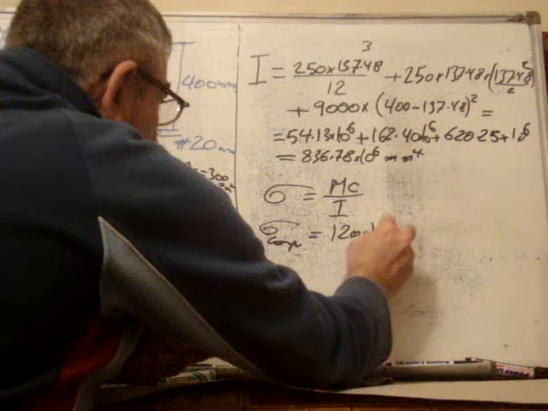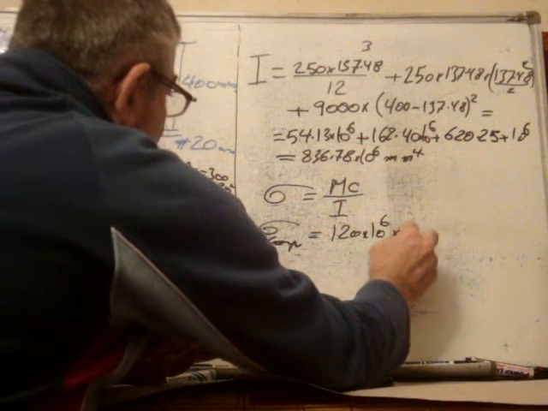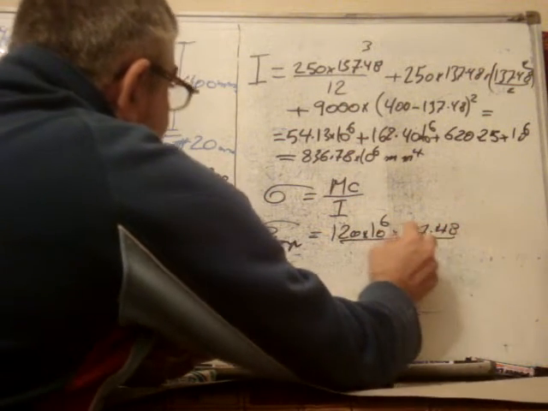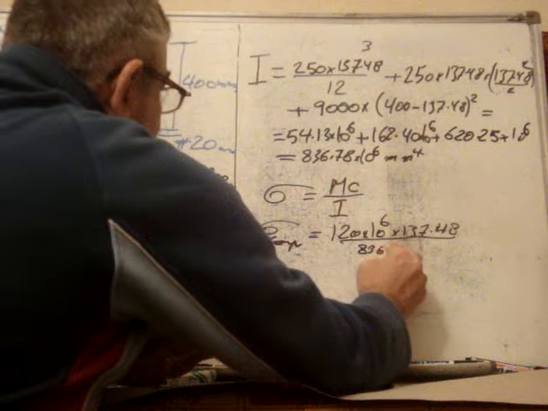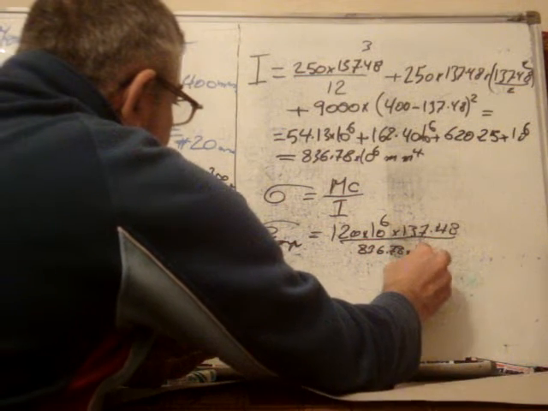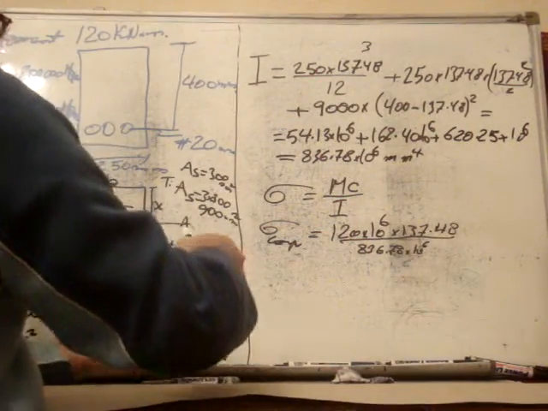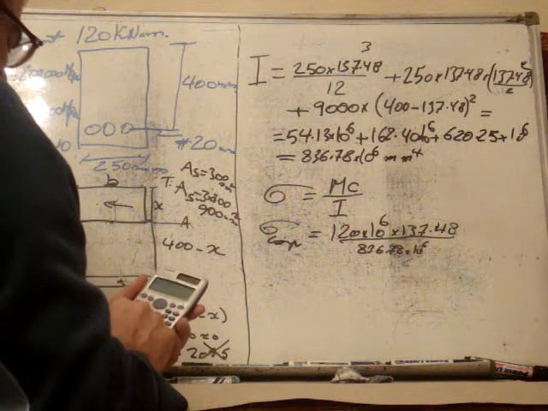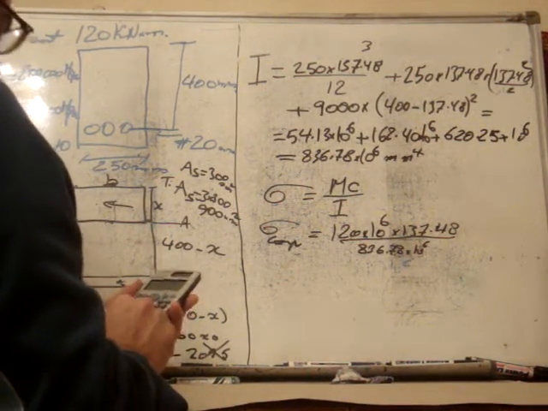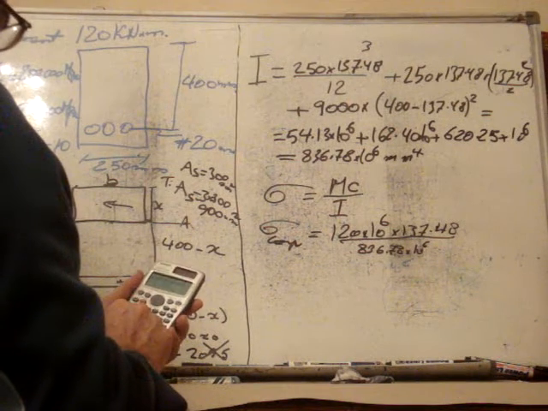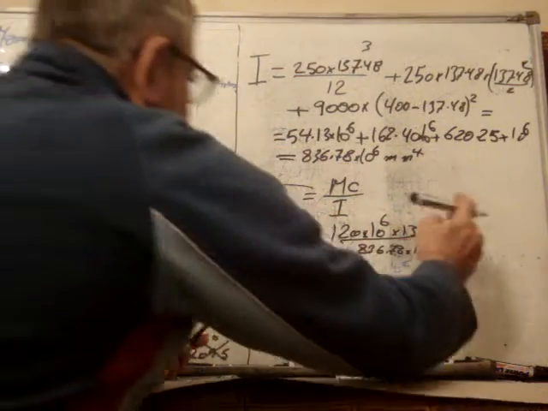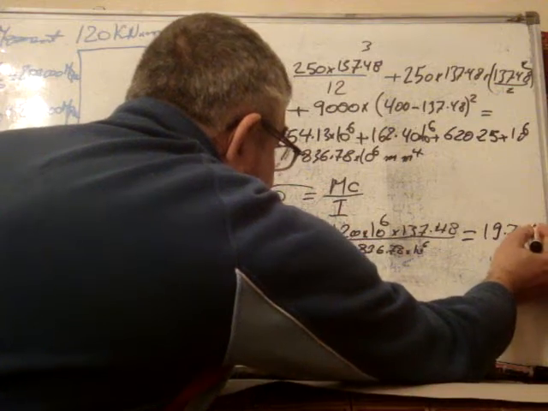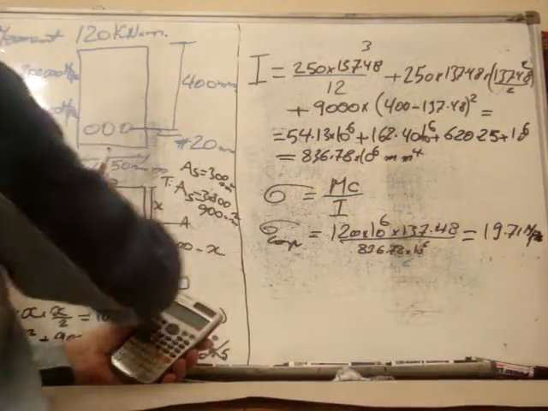We transfer it to Newton millimeter, times the distance 137.48, over the moment of inertia 836.78 times million, and we obtain 120 times 137.48 divided by 836.78, and we obtain 19.71 megapascal. This is the stress on the compression zone.